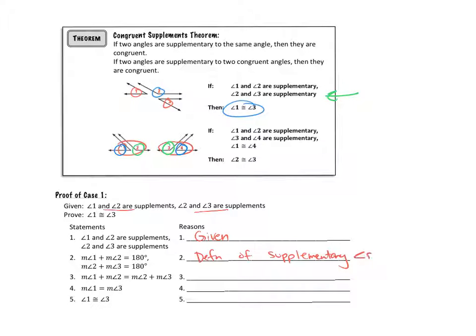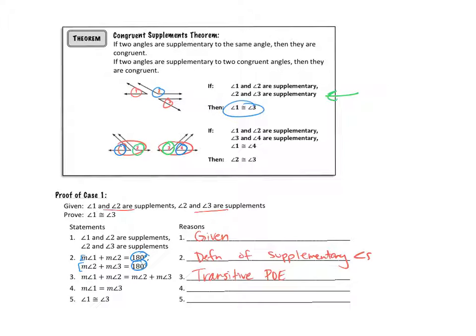Same thing for the measures of angle 2 and angle 3. Because I now have two things that both equal 180 degrees, this must equal this by our transitive property of equality.